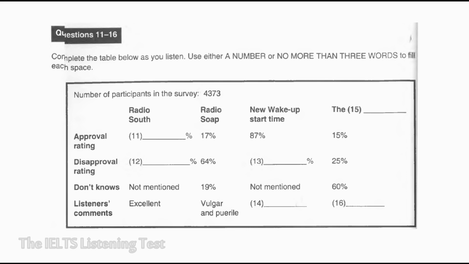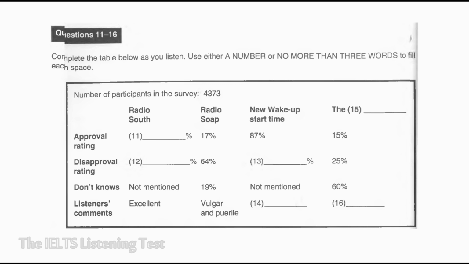Many of you, in fact, a staggering 4,373 of you, to be precise, have completed Radio South's listener phone-in survey. Some general points. 83% of you think that the radio station has improved over the past year, and only 7% that it has got worse. Most of you think that the radio station provides an excellent service. That's a big thumbs up for Radio South.